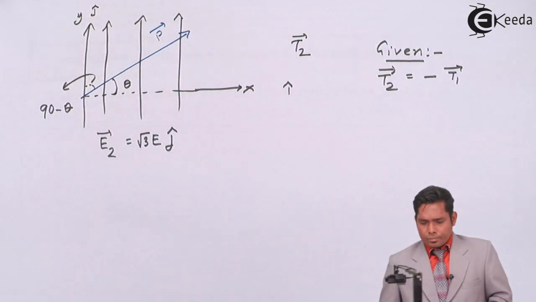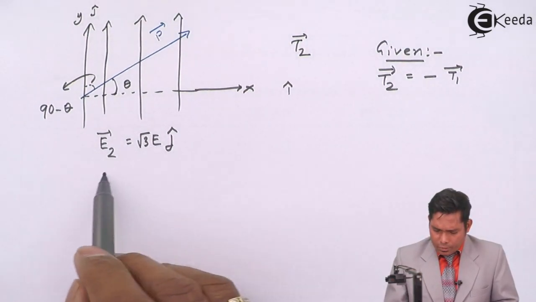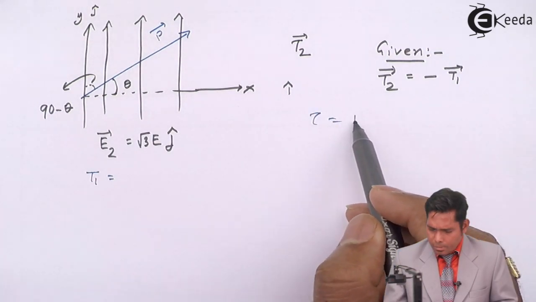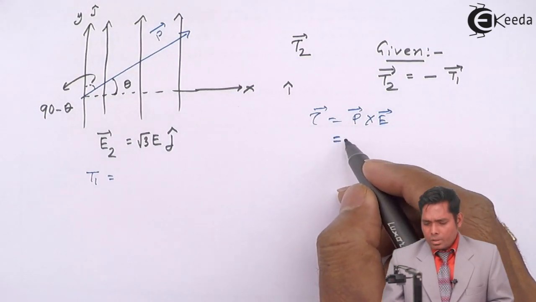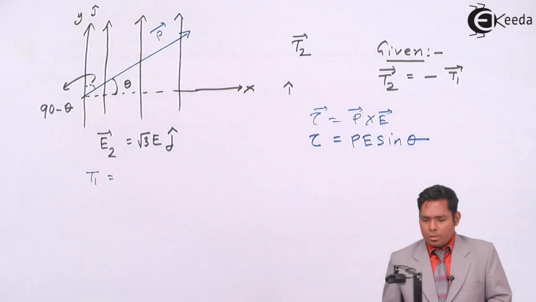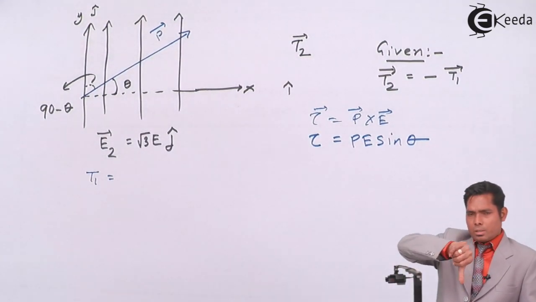Now if I write the torque for the first case, T1, because the torque is given as P cross E, this is the formula you have to understand. P cross E is PE sine theta in magnitude.